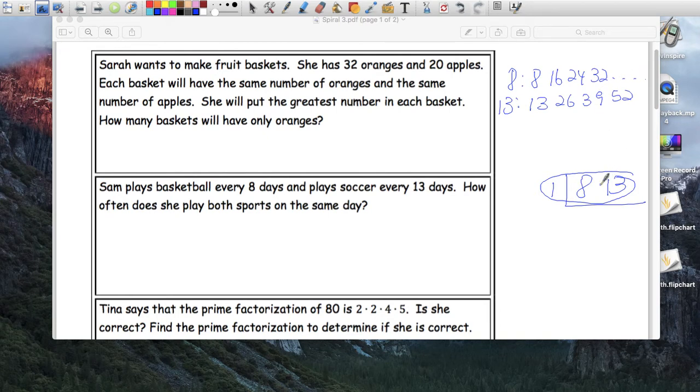So that might take you a while, depending on the number. So in this case, the multiple that would show up is 13 times 8, which is 104. So down here, as you go, 104 would show up, and 104 would also show up.